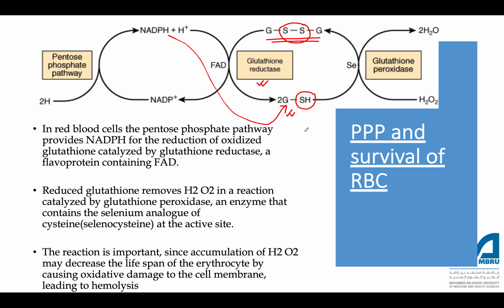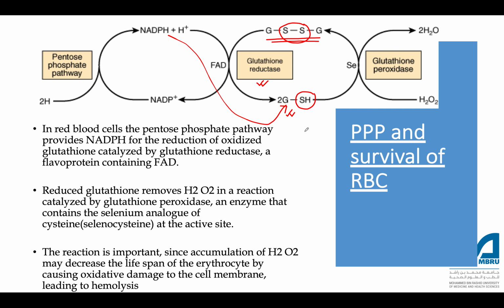Now, the thing that you will be thinking is, why do we require glutathione? Inside the RBC, we have an environment which is rich in oxygen, and this leads to the production of superoxide radicals.